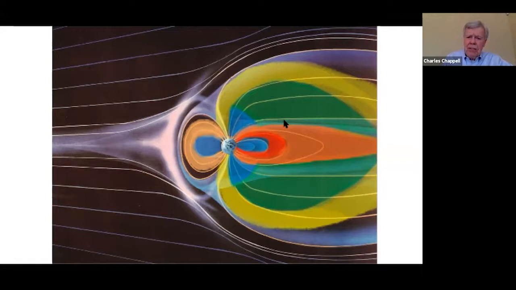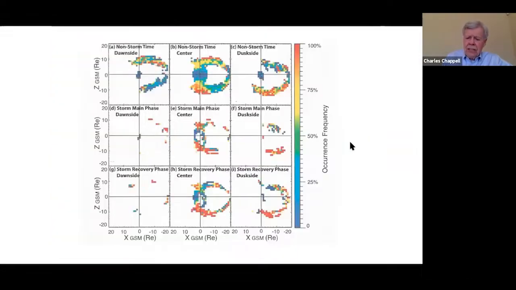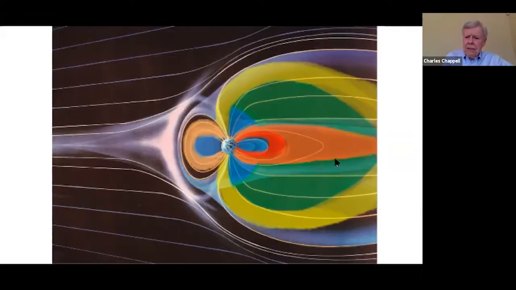And what we've got to try to measure is the motion of all the ions and electrons which create this, and whose presence actually contributes substantially to the reconnection that takes place in the plasma sheet. So it's difficult to understand the magnetosphere.